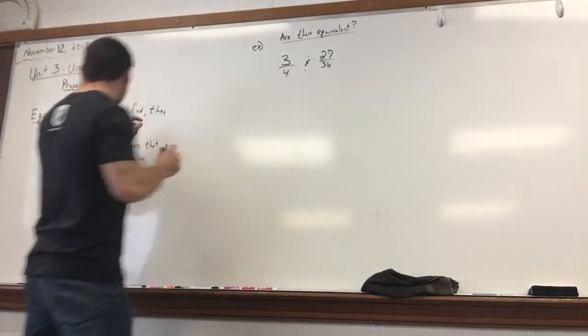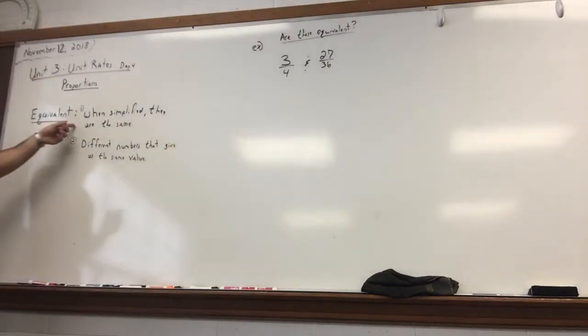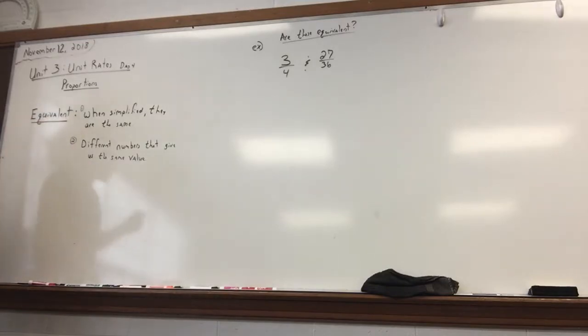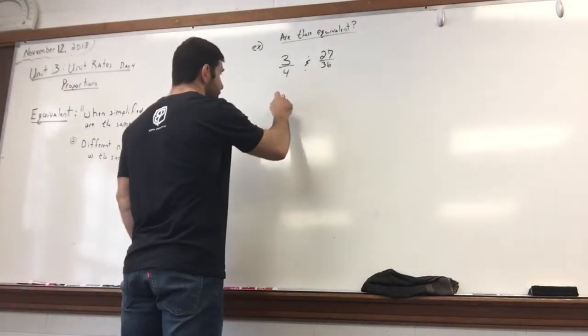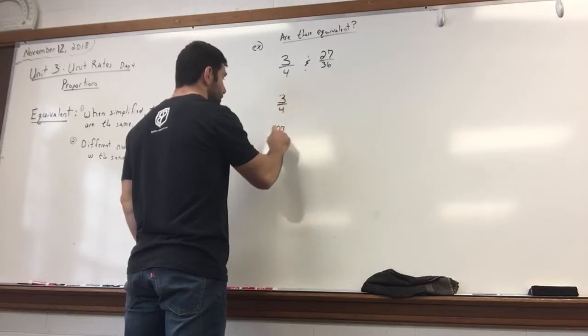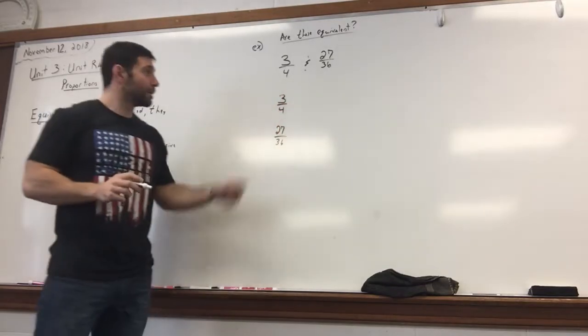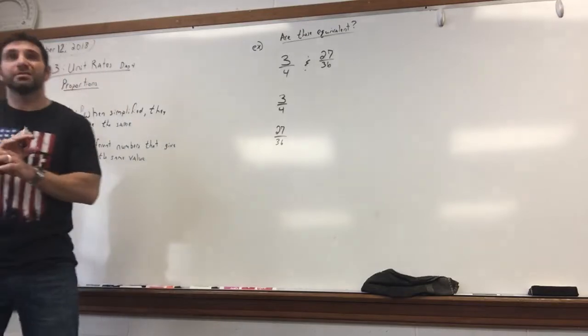Well, this first definition is what we're going to look at this time. When simplified, they are the same. So I'm going to write 3/4 and I'm going to write 27/36.